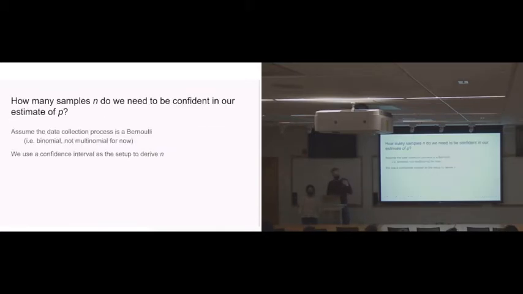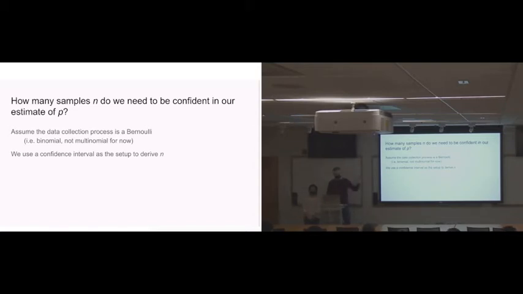And so the critical question to answer, if you're approaching it this way, we frame as: how many samples, let's call that n, do we need to be confident in our estimate of p? Here, p is just going to be the portion of people that say that the input pair has entailment, versus 1 minus p would be not entailment.